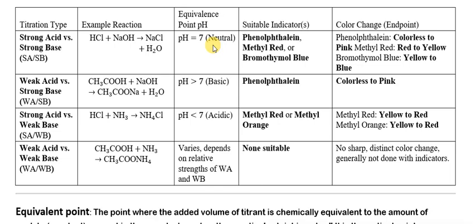We know that for titration, suitable indicators are required. A suitable indicator for strong acid and strong base is phenolphthalein, methyl orange, or bromothymol blue. Mostly we use phenolphthalein for strong acid and strong base titration in the laboratories. Phenolphthalein is colorless to pink.